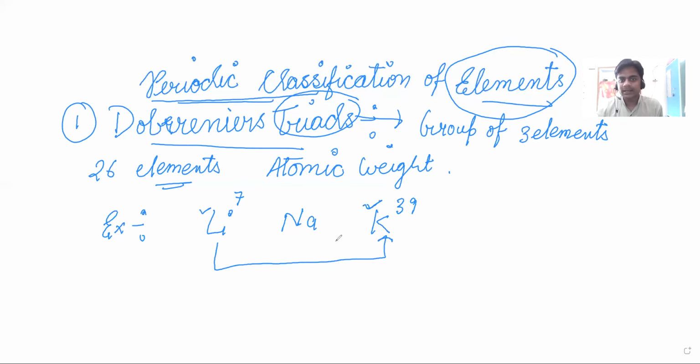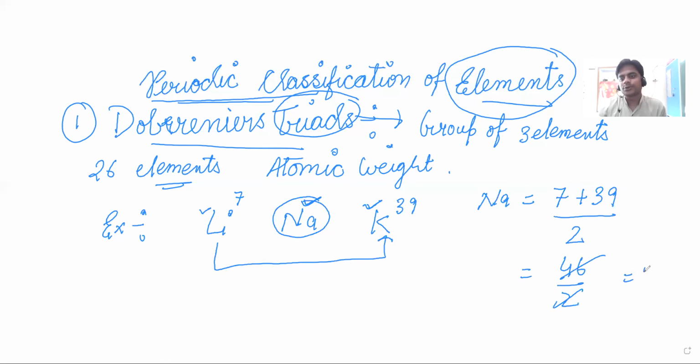If we take the arithmetic mean of the first and the third element, it will be approximately equal to the second element. Now we'll check. Average atomic mass of sodium equals atomic mass of lithium plus atomic mass of potassium divided by 2. That is 39 plus 7, which is 46, divided by 2, which equals 23. Yes, it is correct.